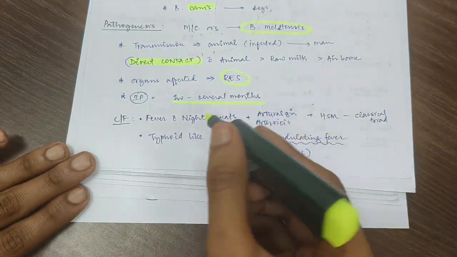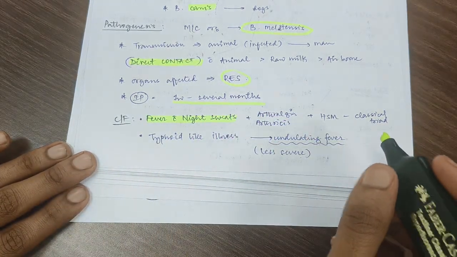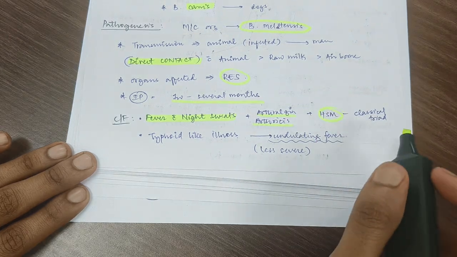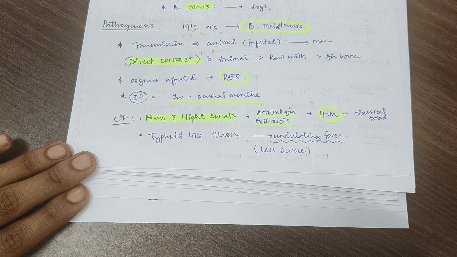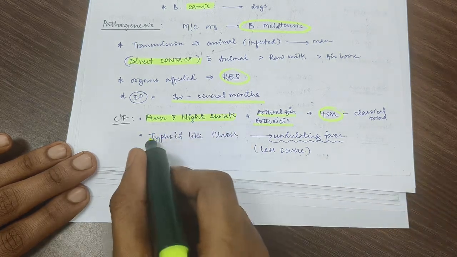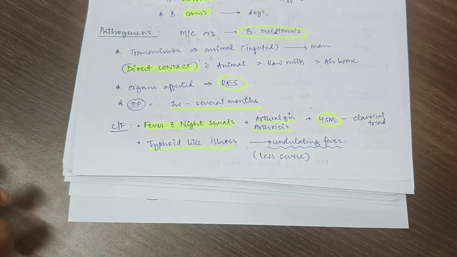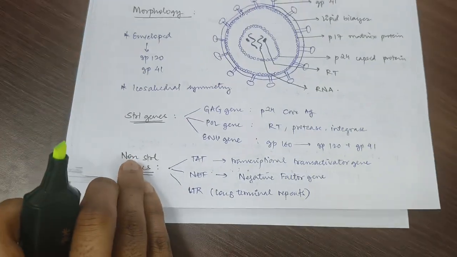Clinical features: fever with night sweats, arthralgia and arthritis, and hepatosplenomegaly is the classical triad. Fever with night sweats, bone pains, and hepatosplenomegaly. It causes a typhoid-like illness, and that's why it's called undulating fever. It is a less severe form.